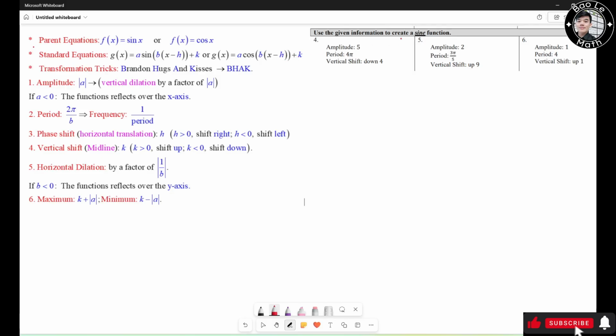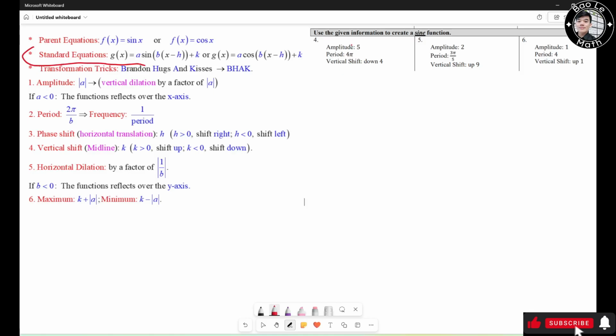Use the given information to create the sine function, right? So in the previous example, we were given the function and we needed to identify the characteristics of the trig function. Now they give you the characteristics of the trig function, and we need to find the standard form, right? So I'm going to do one example right here. I'll do example number 4 and I'm going to leave number 5 for you to practice, right?